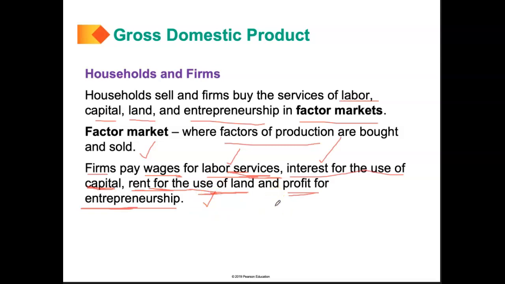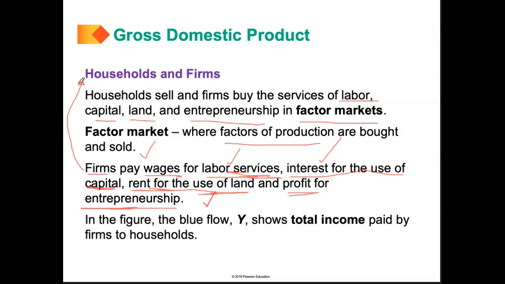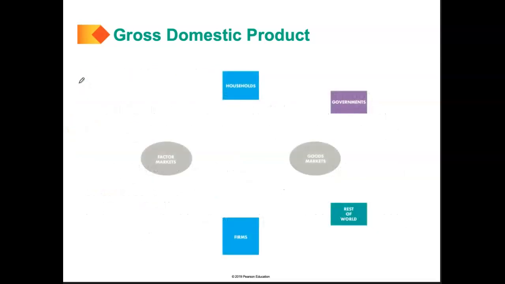Right, so firms pay income to households. I sell my labor to Wartburg College, and they in turn pay me income. That is what we're going to show in our circular flow diagram. Income is the blue line.